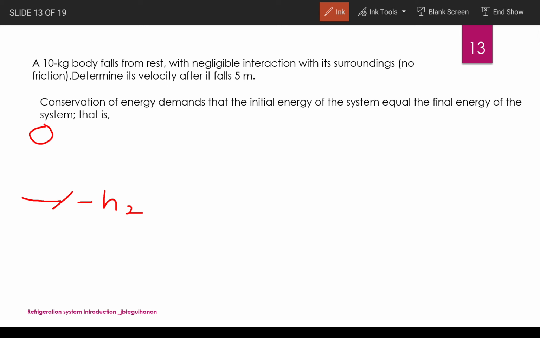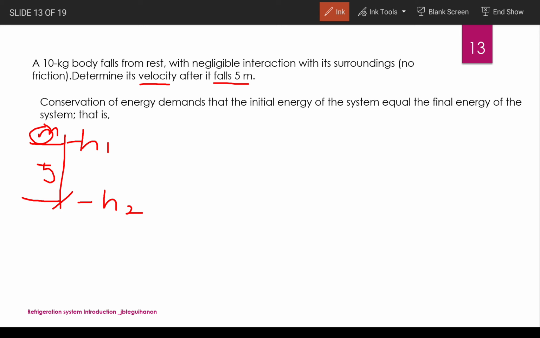So if my body is there and it has h1, h2, after it falls 5 meters, determine the velocity. This is the body with a mass m.